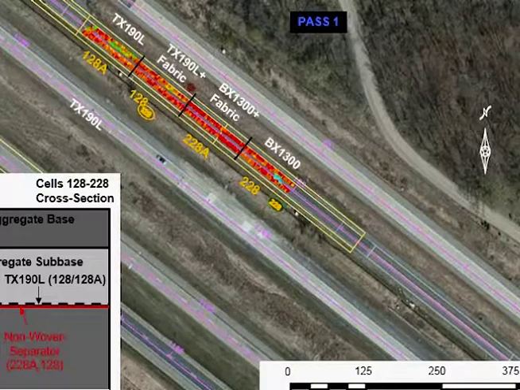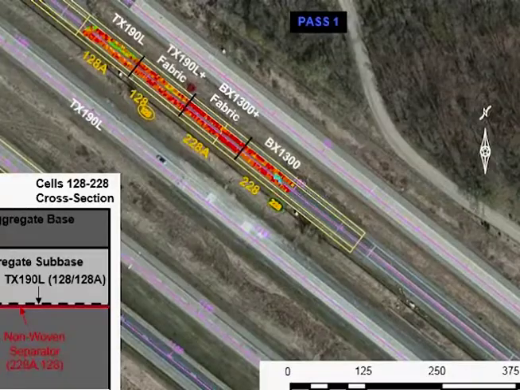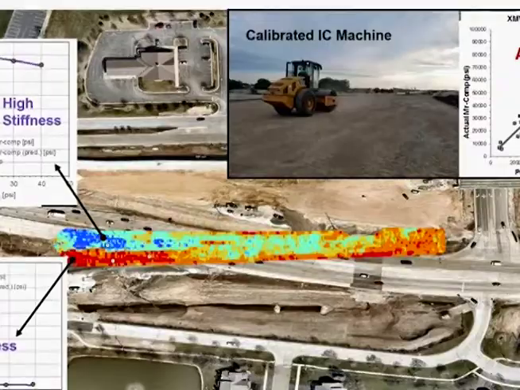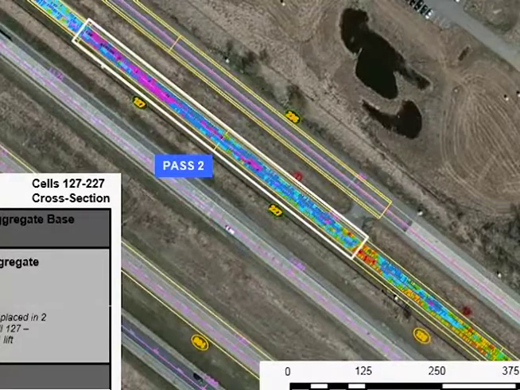The stiffness of the aggregate base is much higher with good support in the subgrade. So just flipping through those again, we see non-uniformity. We see that on pretty much any pavement foundation mapping that we do.